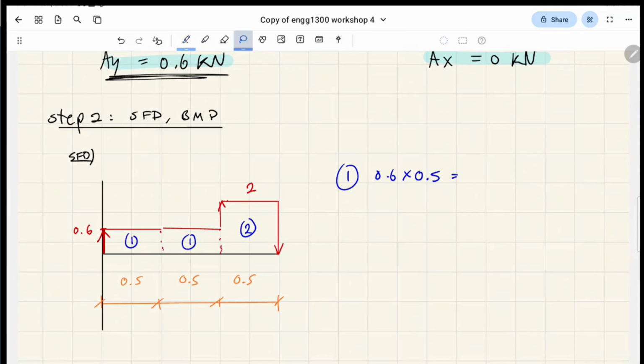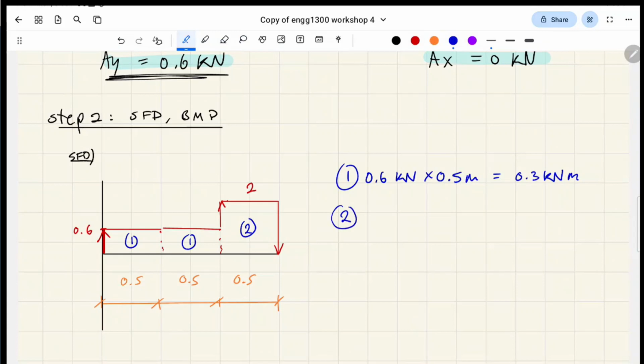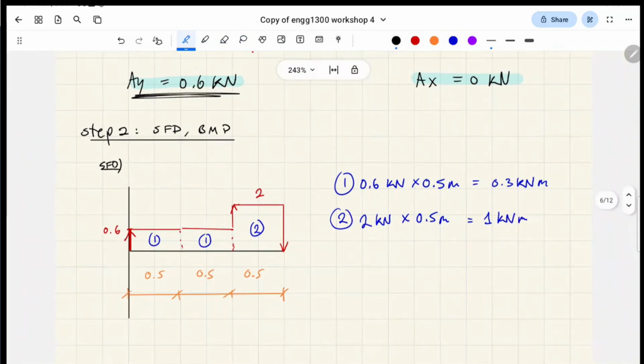In units, it's 0.6 kilonewtons times 0.5 meters, and that gives us 0.3 kilonewton meters. See where this is going? Kilonewton meters. And then for shape 2, it's very similar, but we do 2 kilonewtons times 0.5, which is 1 kilonewton meter, okay? So this is going to slot in perfectly when we do our bending moment diagram.